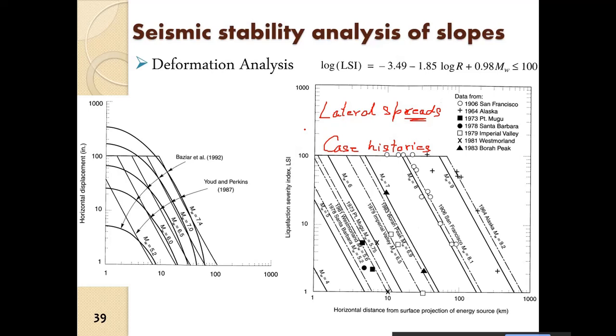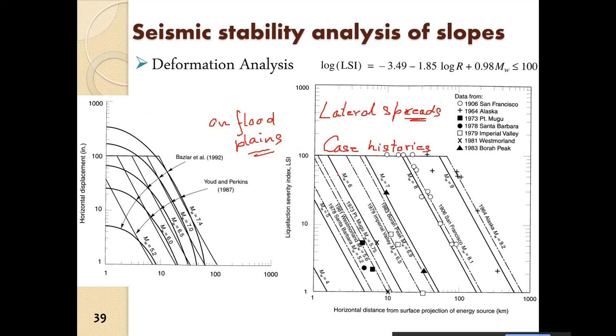So on floodplains, what is the displacement? That is what they considered for gently sloping ground, and they considered that on fluvial deposits.